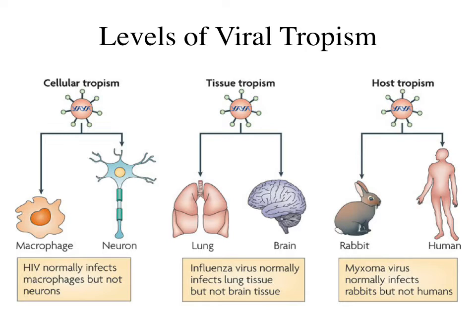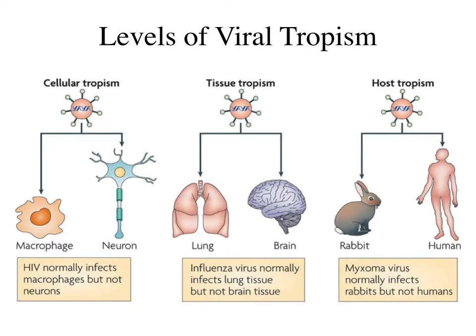Tropism in which the virus replicates in one cell type but not another is known as a cellular tropism. Tropism in which the virus replicates in a particular tissue or organ but not another is known as tissue tropism, and tropism in which the virus replicates in one host species but not another is known as host tropism.